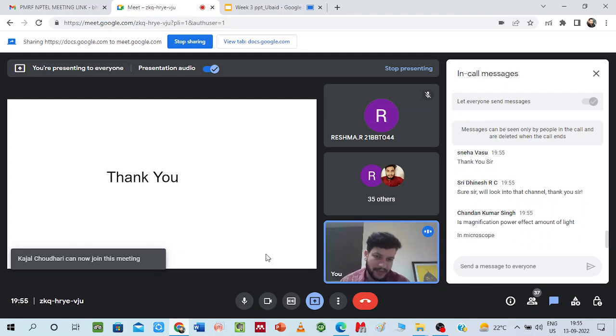No, magnification power will not affect the light. The light is adjusted separately, when there is a light source. Magnification only helps you to magnify; it only contains the magnification lenses. The light source is different from the magnification lens. In the microscope there is a separate knob to control the light, and the light does not affect the magnification.